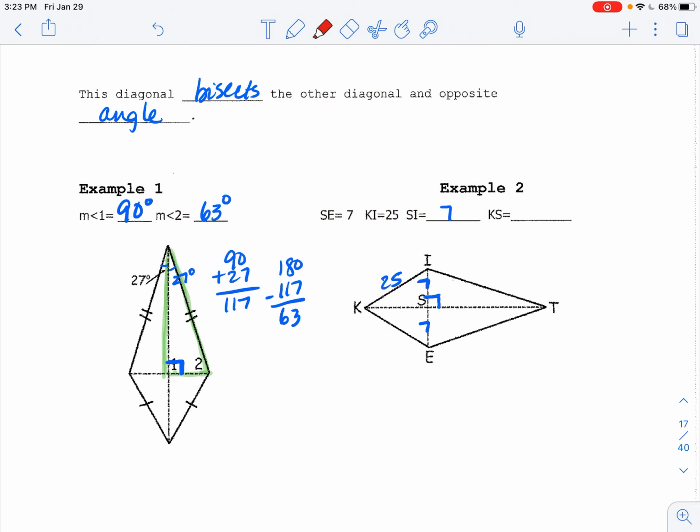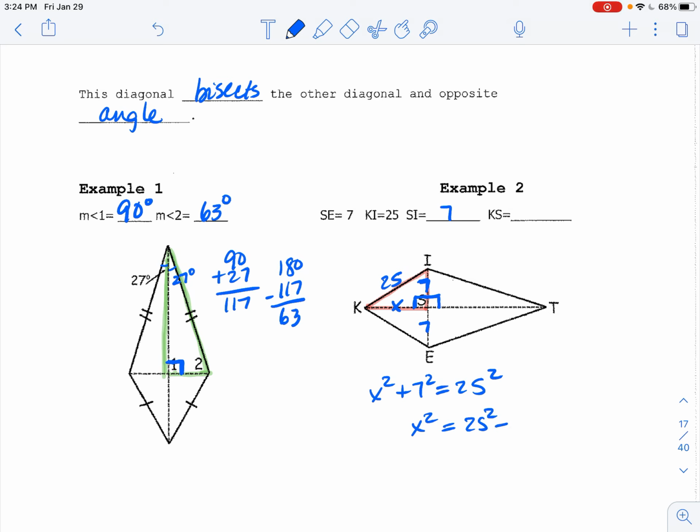Let me highlight this so I can see my right triangle. I know this is a right triangle because the diagonals are perpendicular. So there's my right angle. This leg of the triangle is 7. The hypotenuse is 25. I need to solve for this leg. I'll call it x. So x squared plus 7 squared is equal to 25 squared.